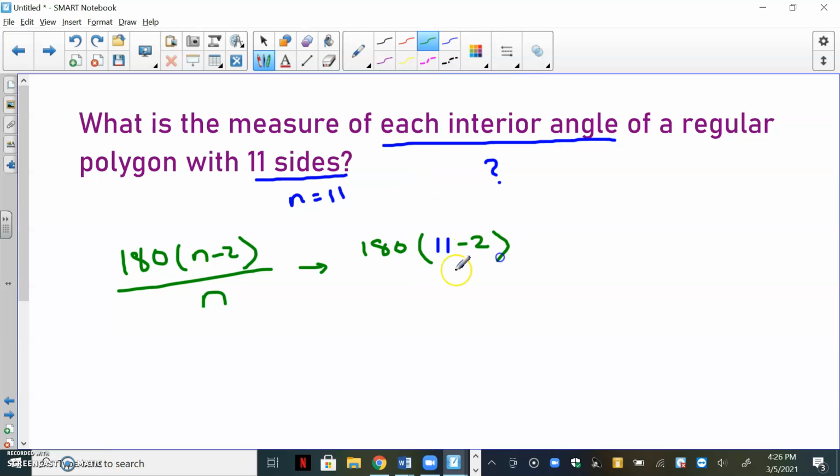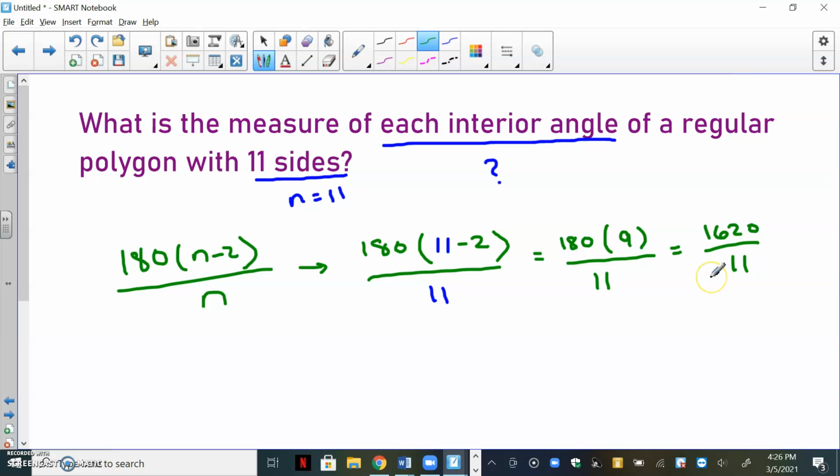If you simplify it a little bit before you put it into your calculator, it's 180 times 9 over 11. Honestly, it's best if you just do this piece by piece so your calculator doesn't mess you up. So you end up doing 1620 divided by 11. That's pretty easy to type into your calculator, and you end up getting about 147.3 degrees.